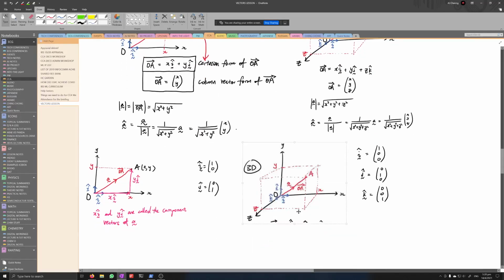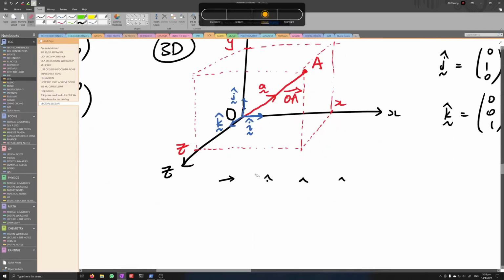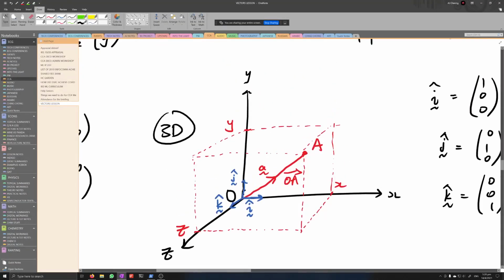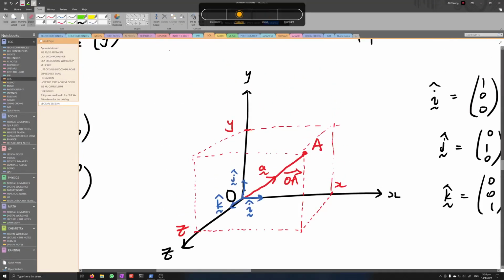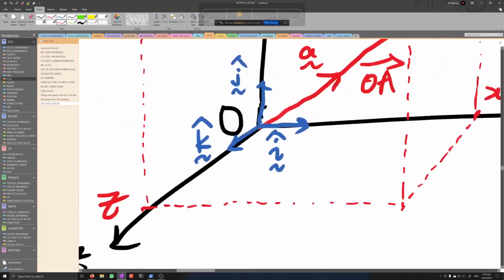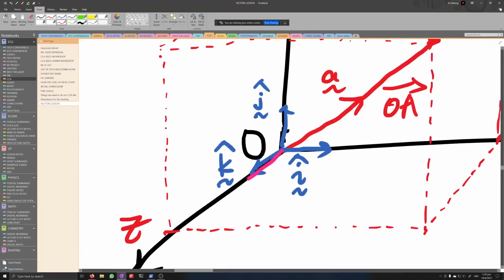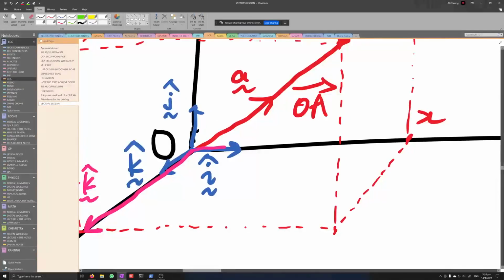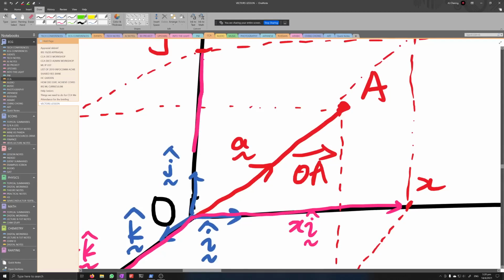Then here, let's paste here. These guys, again use color. Here we have z k, here we have x i, and here we have y j.